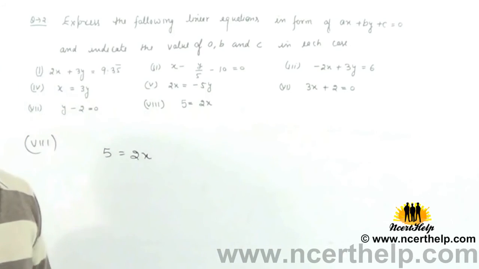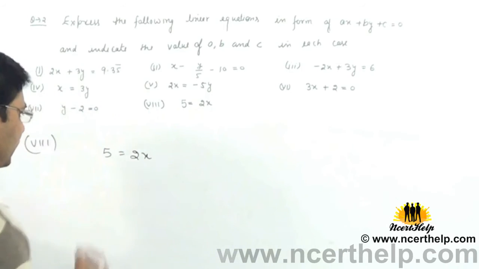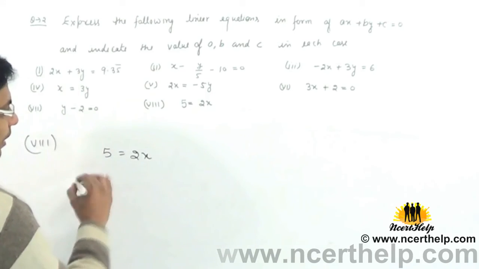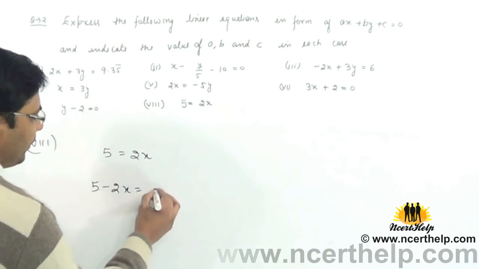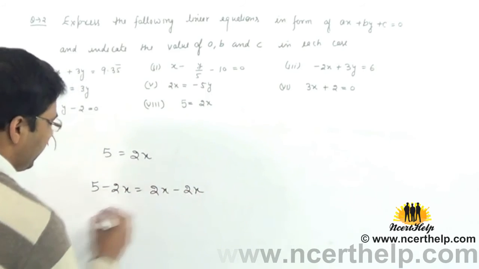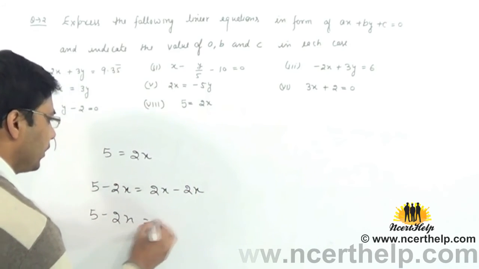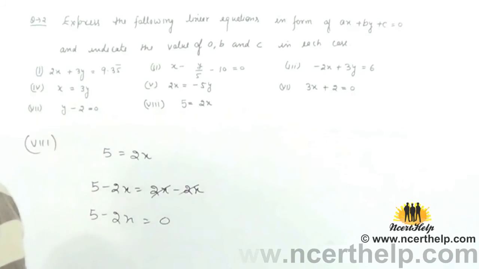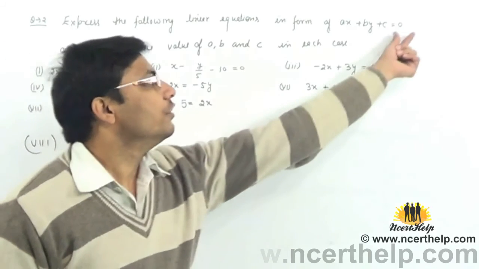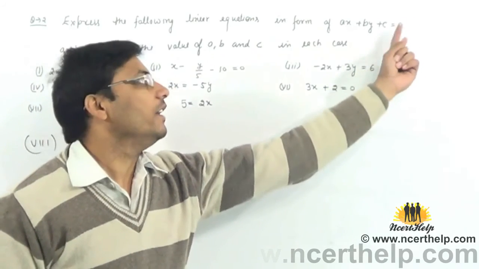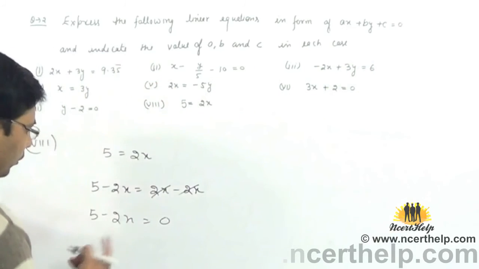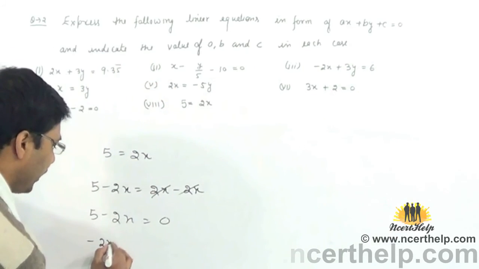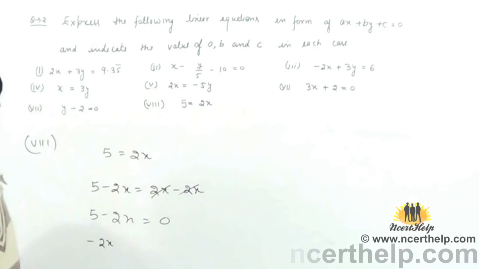Now part 8, 5 equals 2x. So we can subtract 2x both sides and we will get 2x minus 2x. So 2x will cancel out and we will get 0. So we have got 0 on the right hand side. There is no y term. I can write 2x at the starting, there is no big deal.